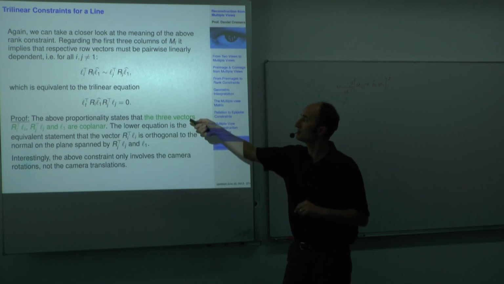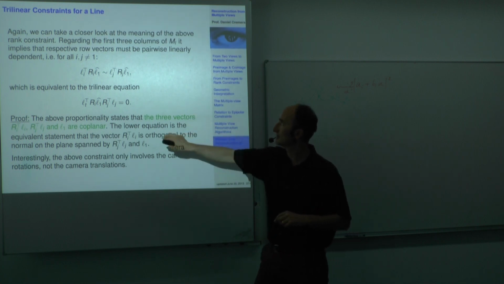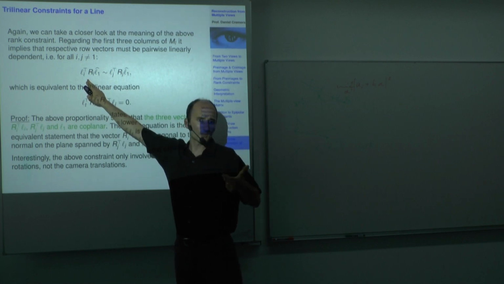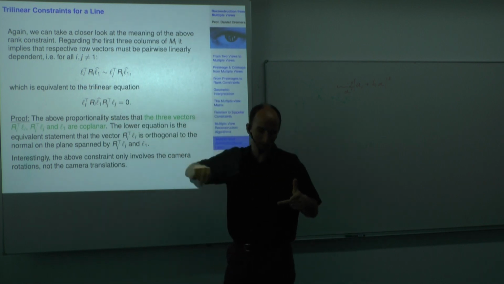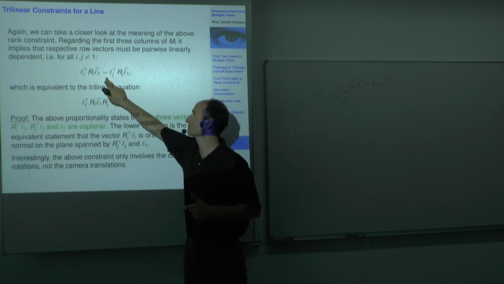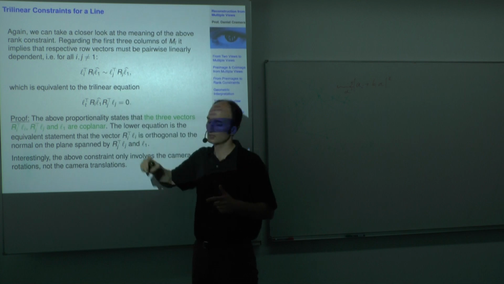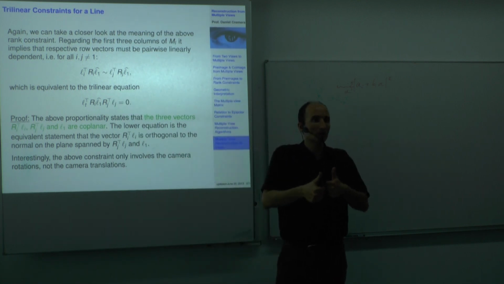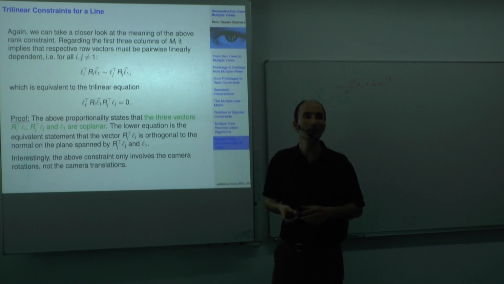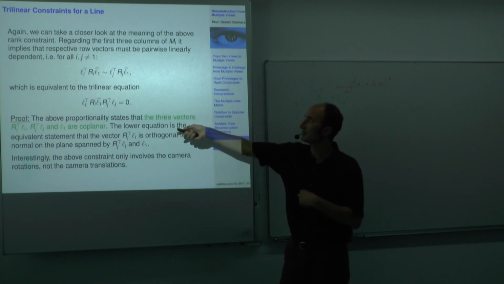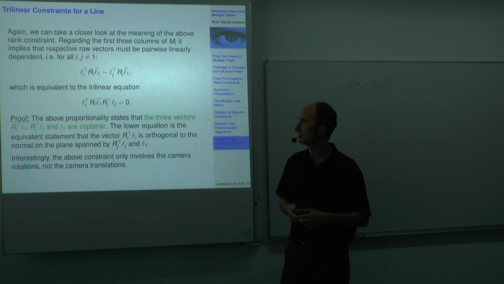Look at this expression, say this is a cross product of two vectors that defines the normal of the plane spanned by these two vectors. This is the other two vectors, L1 and this vector. And the fact that these normals are proportional to each other means that the two vectors span the same plane, meaning all three live in the same plane. And that in turn can be written as the triple product being zero.